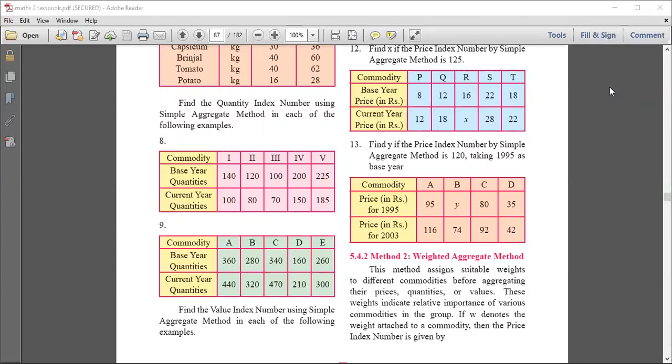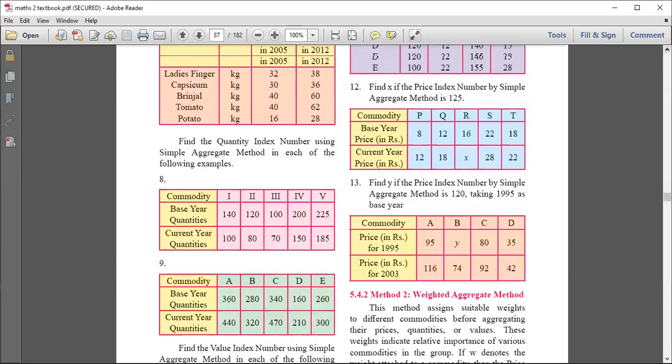Yesterday there was one more formula along with these two. That was the third one, value index number. So today we'll be covering that topic. Value index number includes the formula V01 is equal to summation P1 into Q1 upon summation P0 into Q0 multiplied by 100.